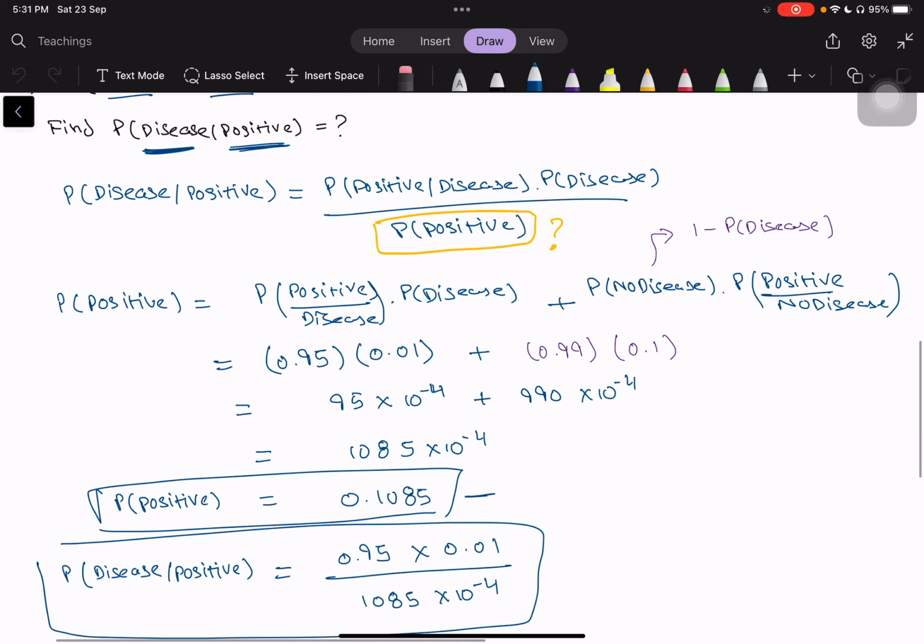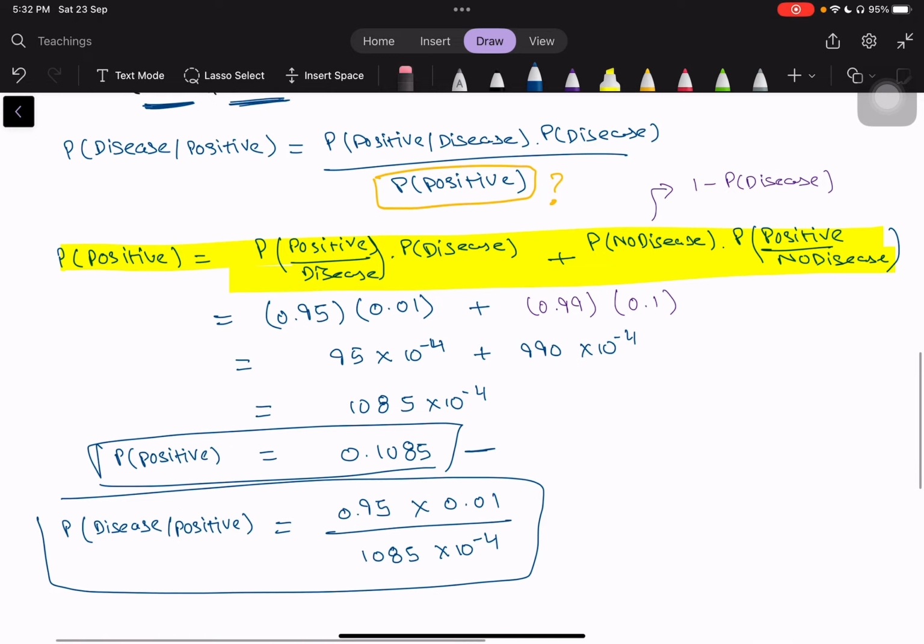And also, what we used over here is the law of total probability, right? So if you don't know about it, you should look that up. But it's very intuitive. The law of total probability is intuitive. So yeah, you can look that up if you don't know about that.